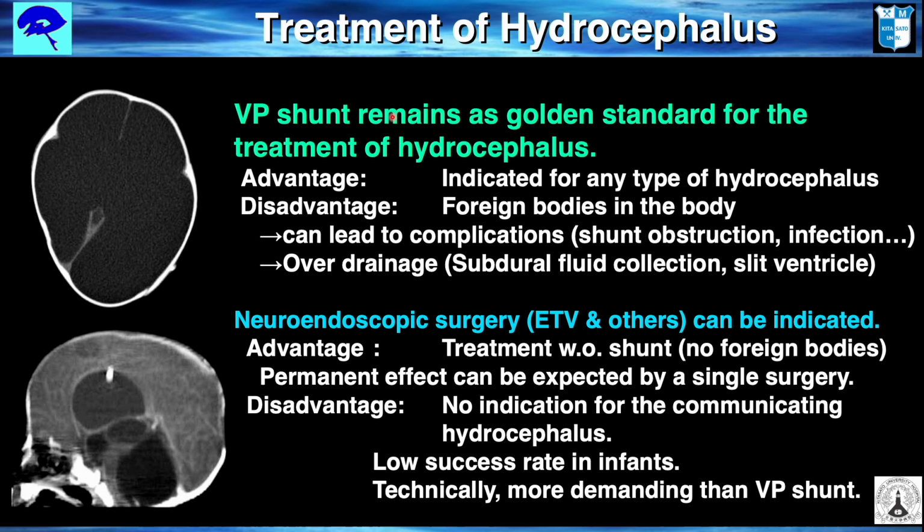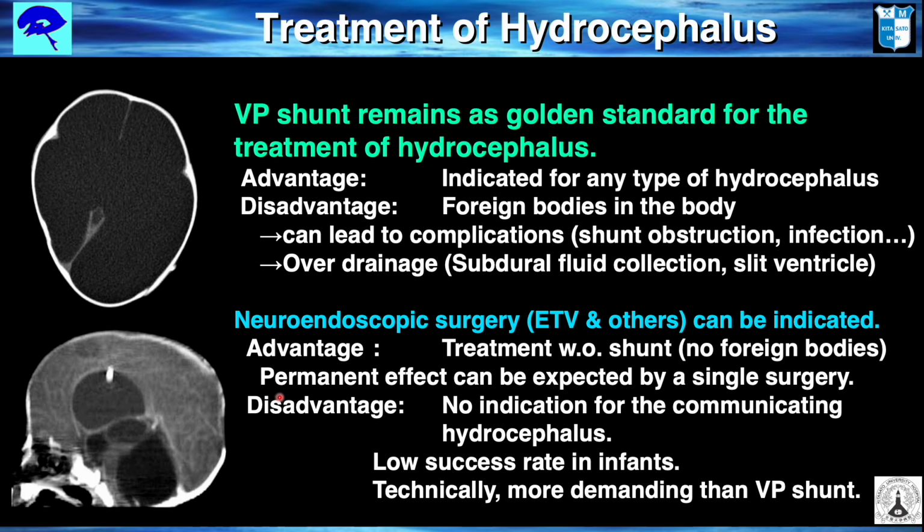VP shunt remains the gold standard for the treatment of hydrocephalus. The advantage is that you can use VP shunt for any type of hydrocephalus. The disadvantage is that the VP shunt is a foreign body and can lead to complications like shunt obstruction, infection, and sometimes overdrainage of the neurofluid, which causes subdural fluid collection and slit ventricle syndrome.